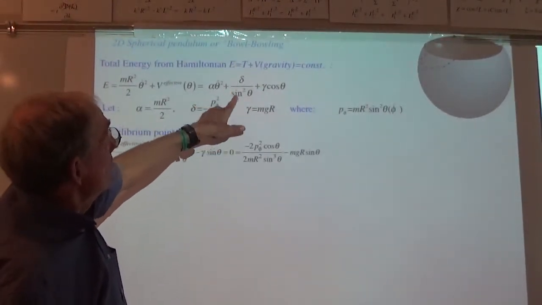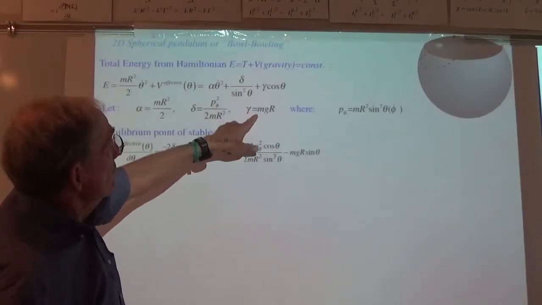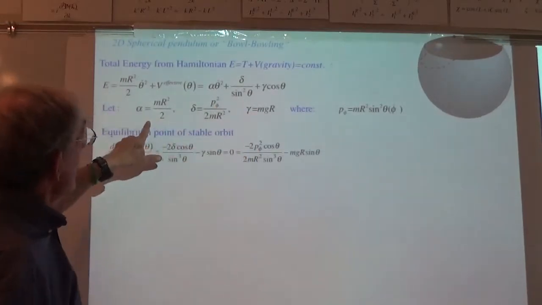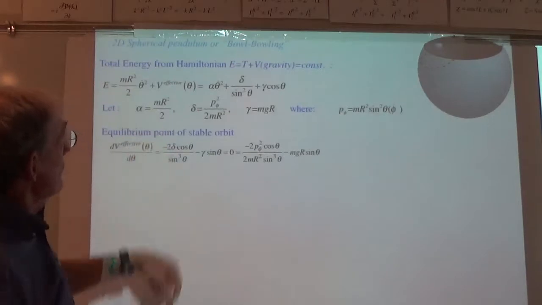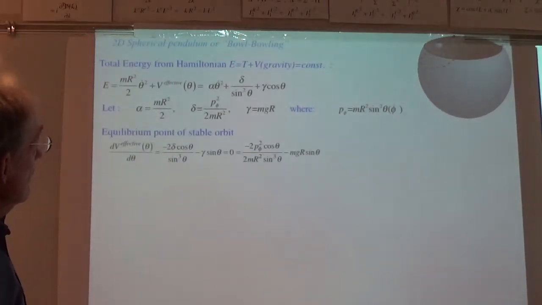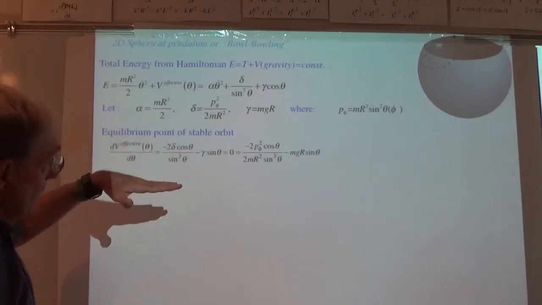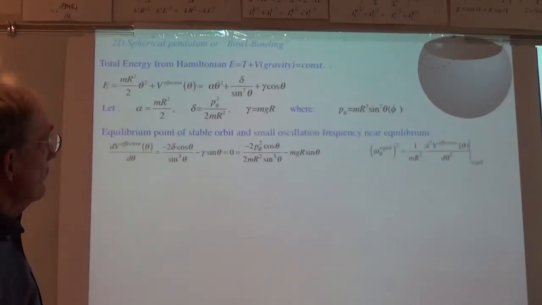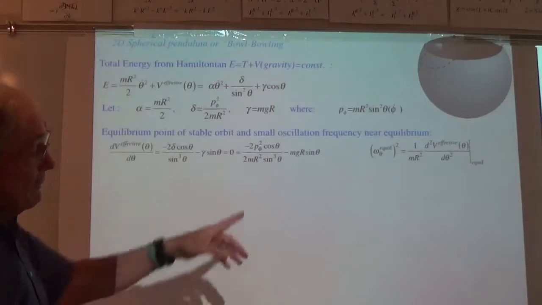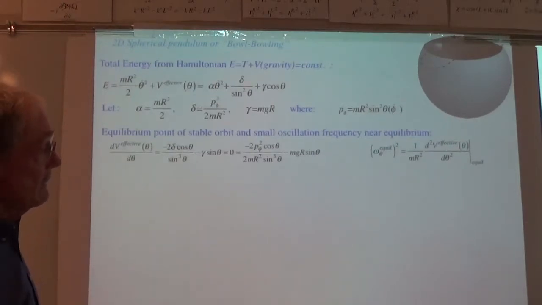That's this thing. There's the angle exposed, and gamma is just the gravity, and then the alpha is just the mr squared over 2 of the kinetic angular inertia part. So we find an equilibrium point, a stable orbit on this thing, and then figure out what's the frequency of that.